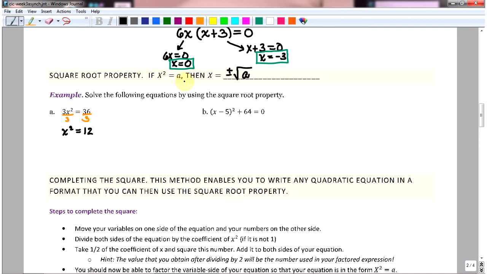Now it's in the same format as my property, which tells me that x is going to equal plus or minus the square root of 12. Our only chore is to simplify the square root of 12. Well, 12 does have a factor that's a perfect square, and that factor is 4. So we can write it as 4 times 3. The square root of 4 is equal to 2, but we're still left with the square root of 3. So that would be our answer.